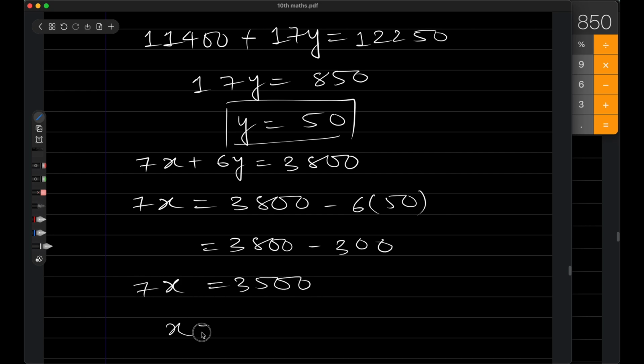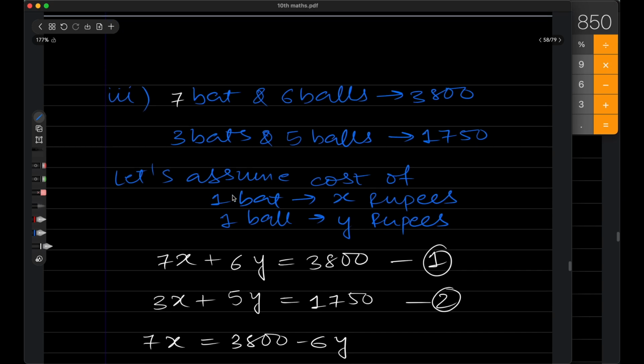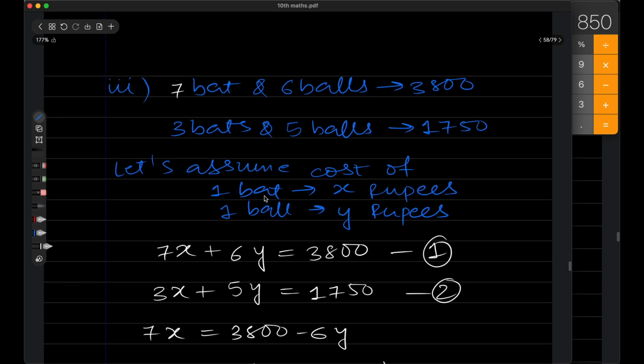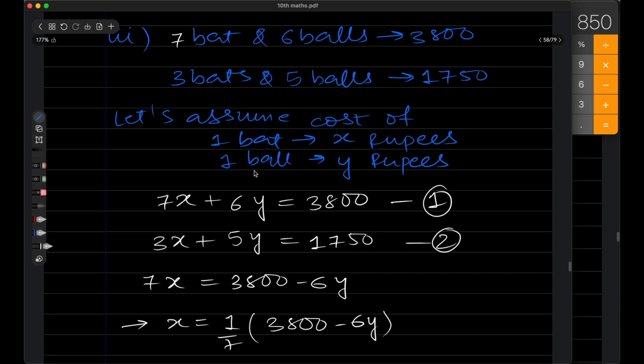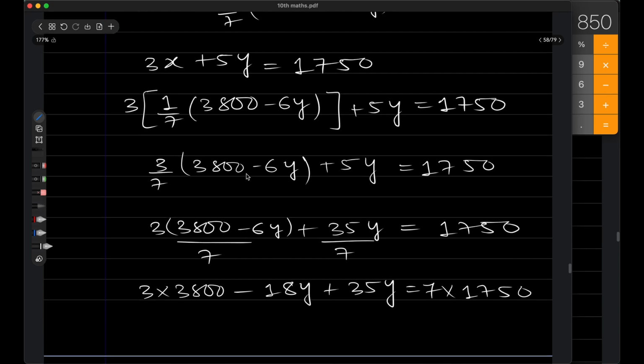You will get value of x equals 500. So value of x is the cost of one bat and y is the cost of the ball.